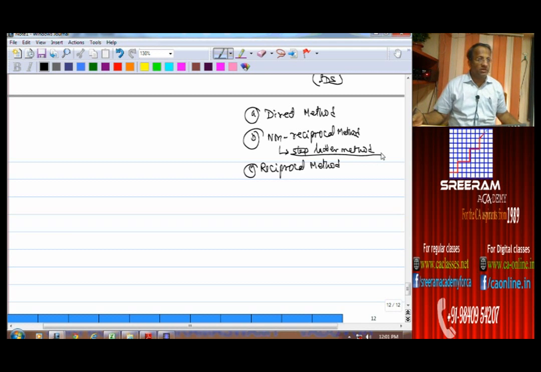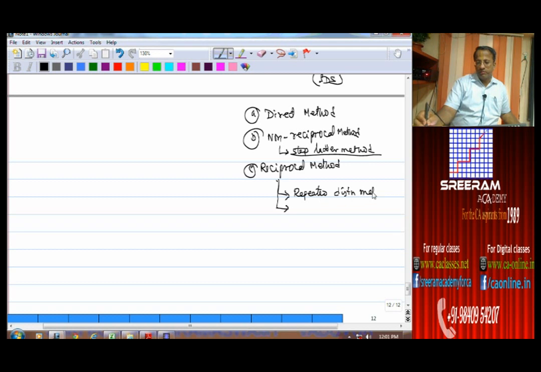Step ladder method. In reciprocal method, we have two methods. One is repeated distribution method.